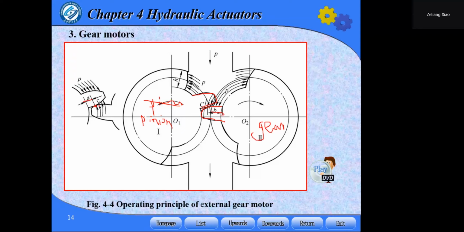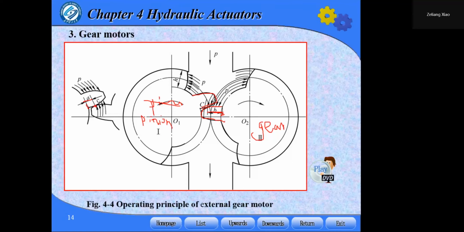A is the distance from the mesh point to the root of the tooth, and distance B is the distance from the mesh point to the other root.